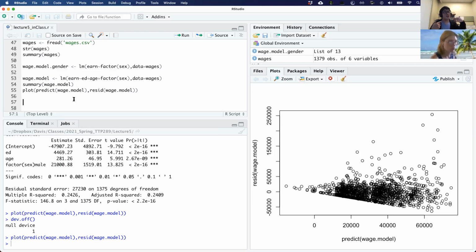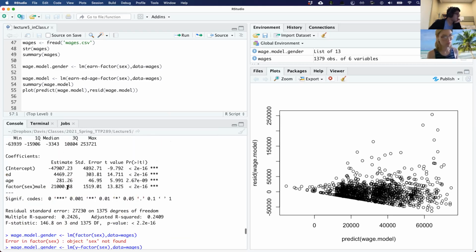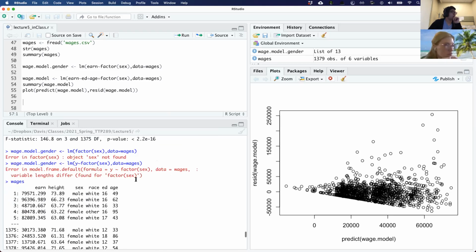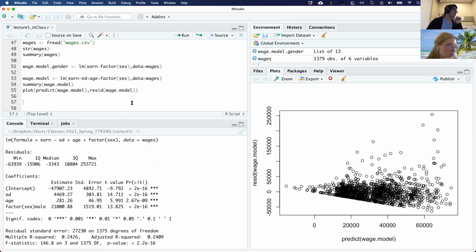This may delete 1 or 2 points where it is below 0. I did see in the summary that there was a negative 98, but that's fairly unusual, especially when we're talking about average annual earnings. So I'm okay with that particular data point getting dropped. Let's take a look at what happens.